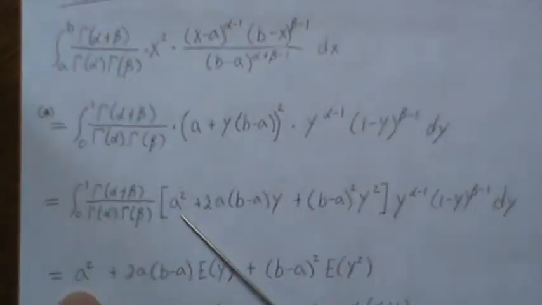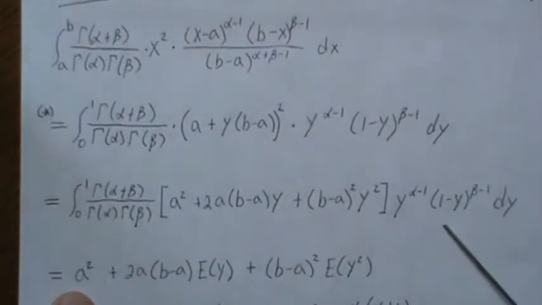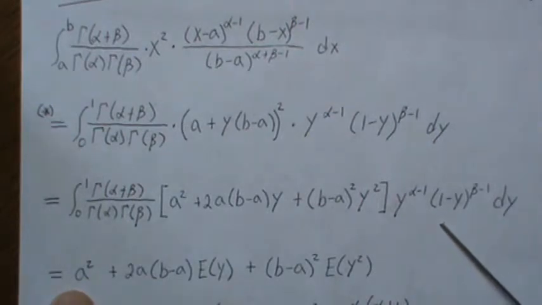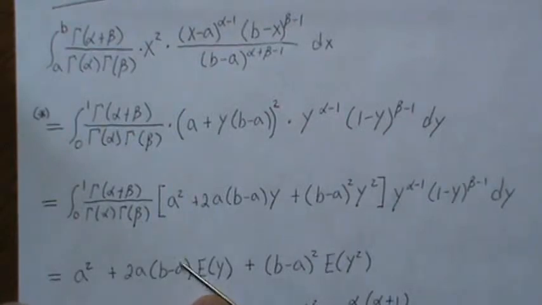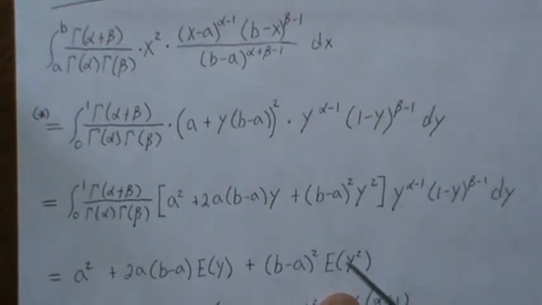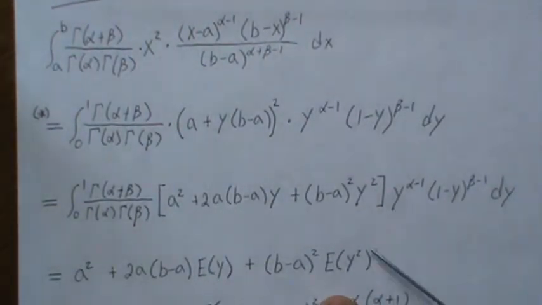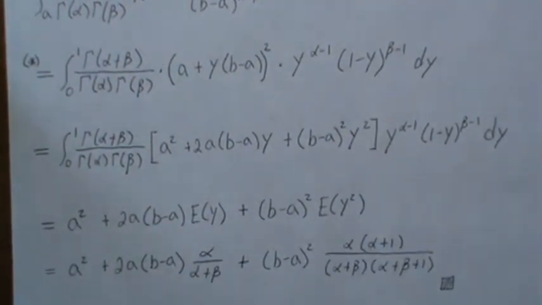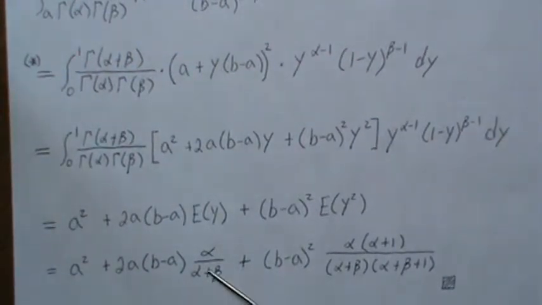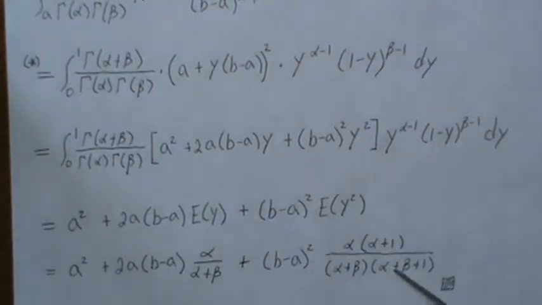We get a squared from this one because the rest is the density and it integrates to 1. And then this piece ends up being 2a times b minus a times the expected value of y. And then this one is the expected value of y squared. Oh, and y is this beta distribution. So now we know from that video, mean and variance of a beta, that the mean is alpha over alpha plus beta, and this expected value is this.